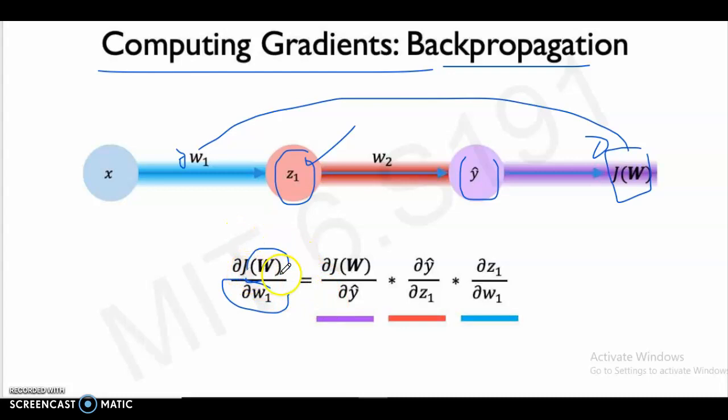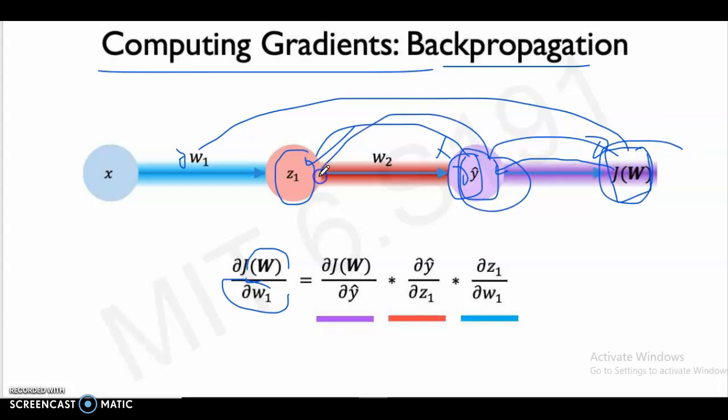So dou J of W divided by dou W1 equals dou of J of W with respect to the first, this one with respect to dou W. Differentiate again this one, with respect to this, that is Y cap, dou Y cap.